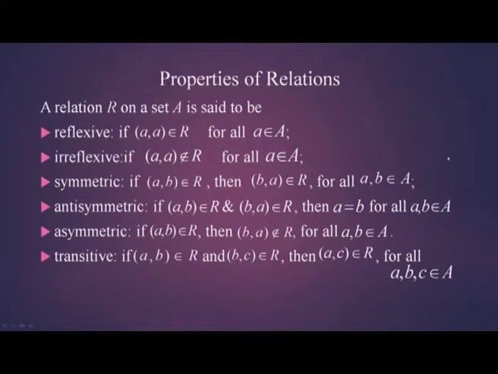We say that a relation R on a set A, again to recall, that means the relation R is from the set A to the set A, that is R is a subset of the Cartesian product A cross A. Now, if R is a relation on A, we call R a reflexive relation if (a, a) belongs to R, that is a is related to a, for all a belonging to the set A.